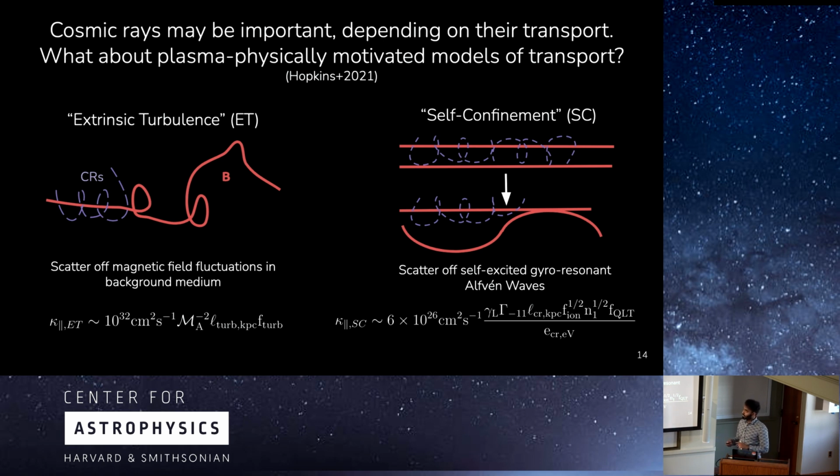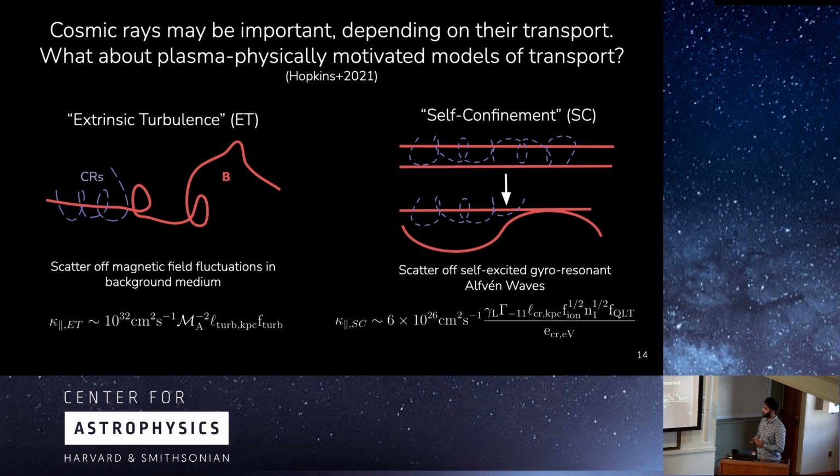In extrinsic turbulence theories, there's assumed to be some homogeneous isotropic cascade of magnetic fluctuations on which these cosmic rays scatter at their gyroresonant scale, which again is 0.1 to 1 AU for the GeV protons that we care about the dynamics for. And then there's so-called self-confinement theories where the cosmic rays are exciting gyroresonant Alfvén waves themselves as they stream super-Alfvénically.